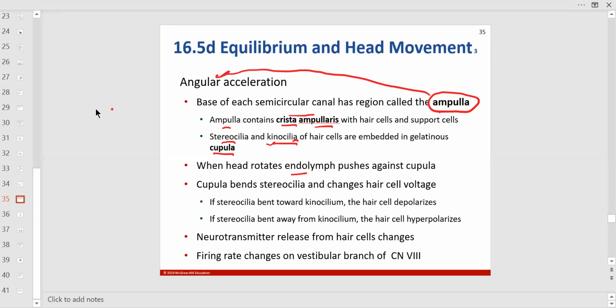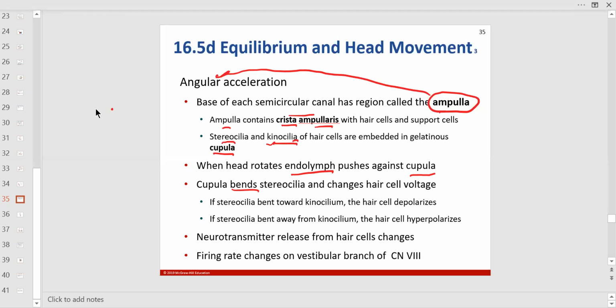So look, here it is again, endolymph in the inner membrane presses against that gelatinous cupula, and it bends. Again, here's the mechanical part. The receptors are mechanical, not chemical, not photoreceptors, not temperature or pain, nociceptors.